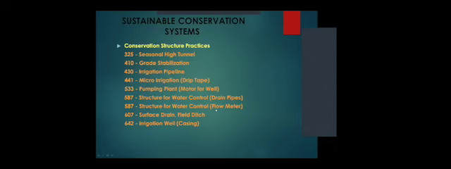Okay, sustainable conservation system. I was asked to speak about structure practices. When we talk about structure practices with a high tunnel system with NRCS, each and every one of these practices will receive cost share assistance to work within your system. Of course, there's the high tunnel, which is practice code 325.